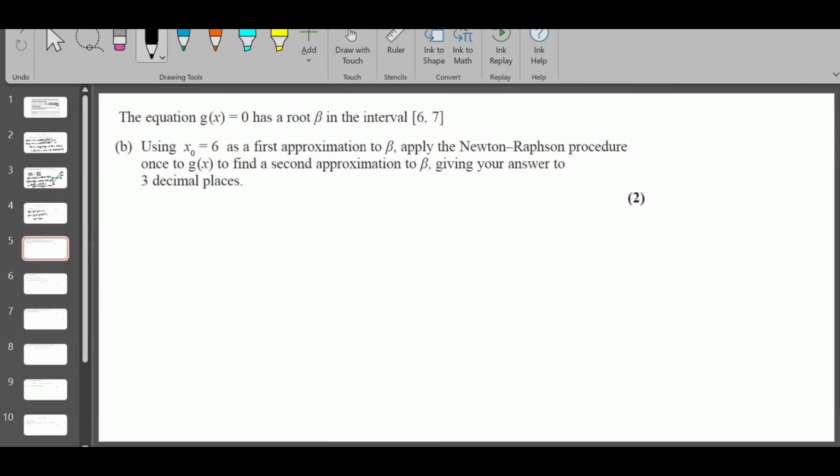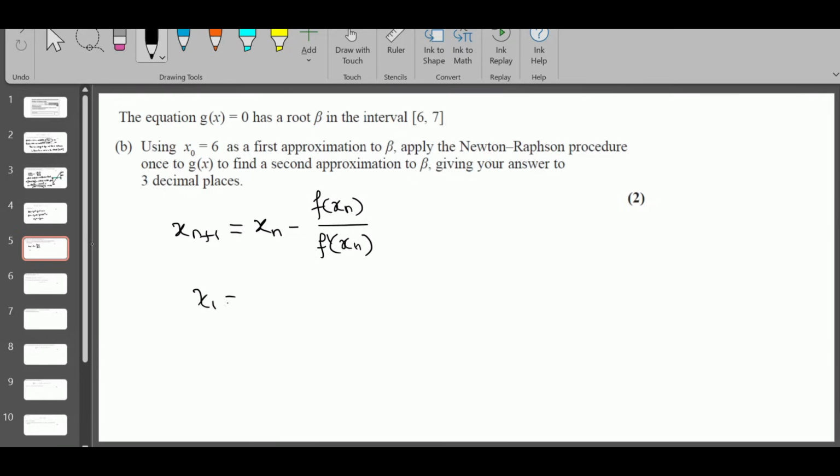And the next part is Newton-Raphson method. The equation has a root in the interval 6, 7. Use x naught as 6 and find the second approximation. So this iterative formula is given in the data booklet. x n minus f of x n divided by f dash of x n.